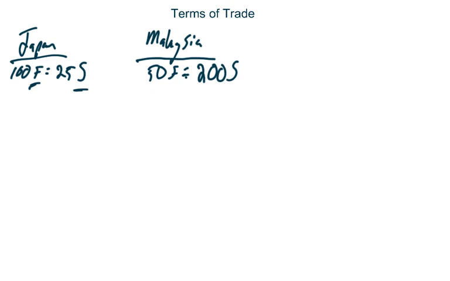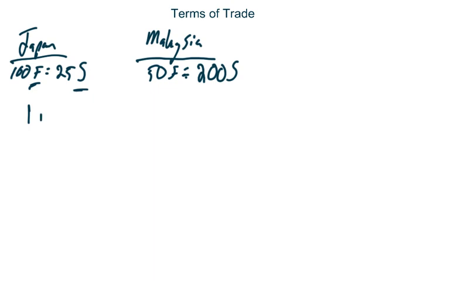Now, we want to know who has a comparative advantage in fish and shrimp. So one country can concentrate and catch nothing but fish, while the other concentrates on catching nothing but shrimp. And this way they can help each other in trade and get more of the other particular good or service than they could on their own.